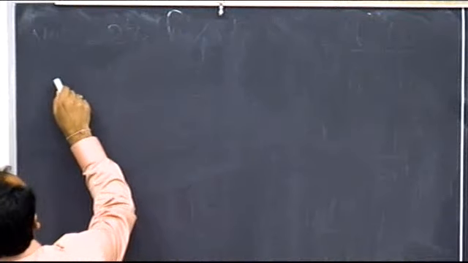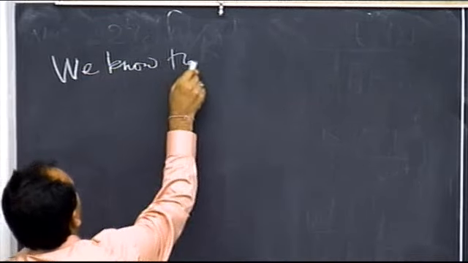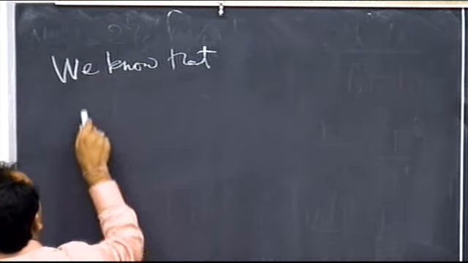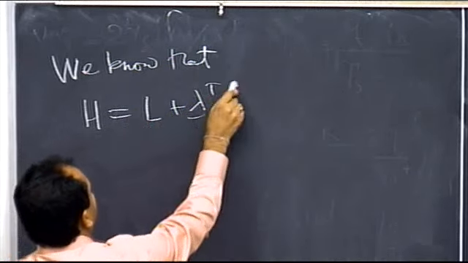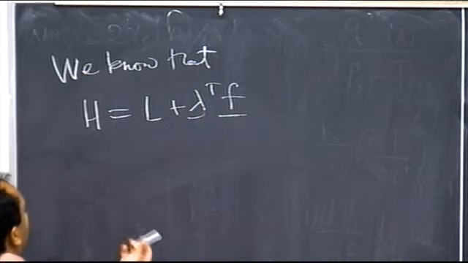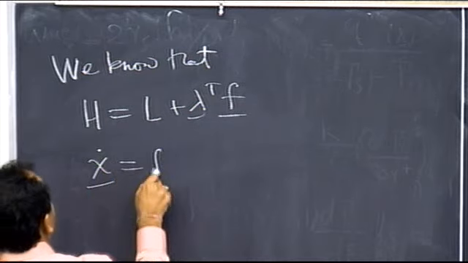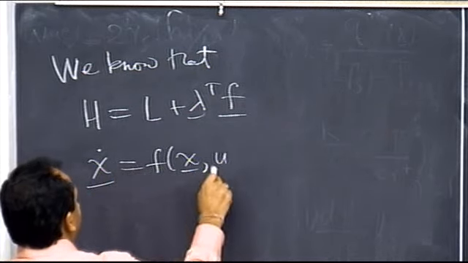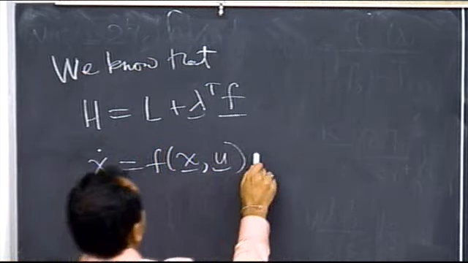We know that the Hamiltonian is equal to L plus lambda transpose F. If you look at this, you'll see that the state dynamics x dot equals F of x and u can be written in terms of it.